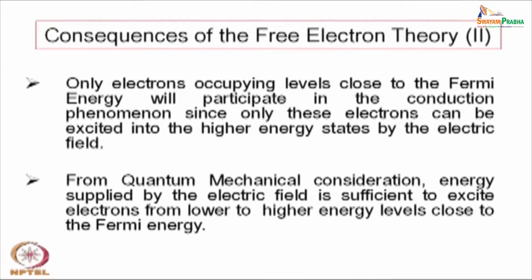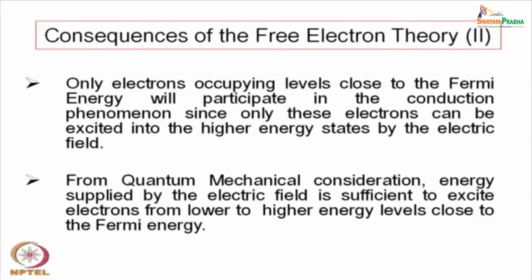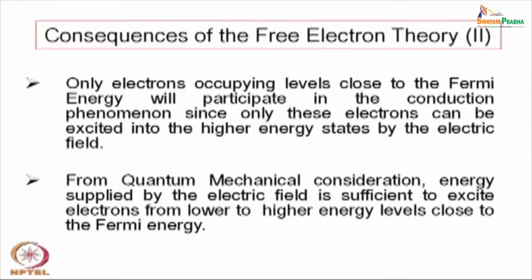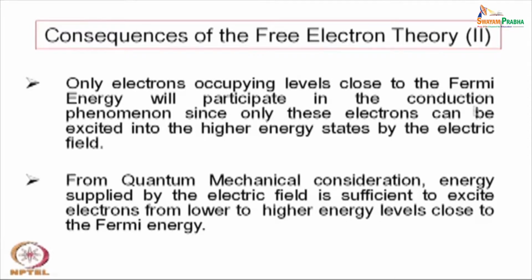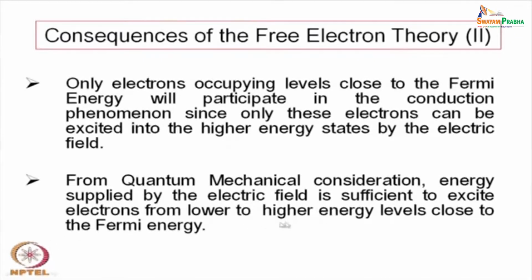Only the electronic levels, or the electrons having energy very close to the Fermi level, will get excited both by thermal energy as well as by the external electric field. From quantum mechanical consideration, energy supplied by the electric field is sufficient to excite electrons from lower to higher energy levels close to the Fermi level.